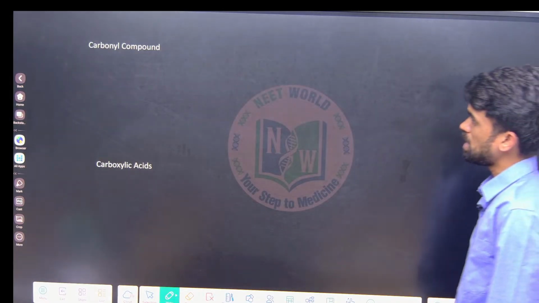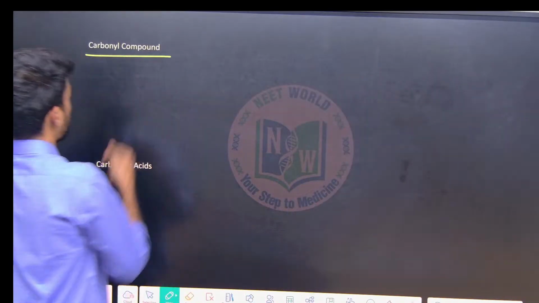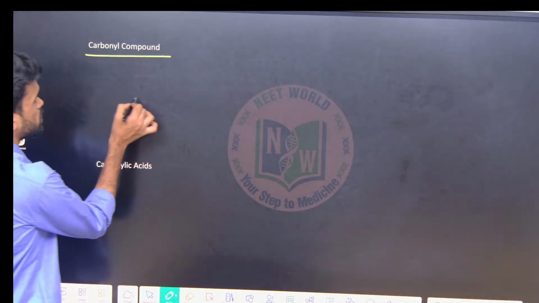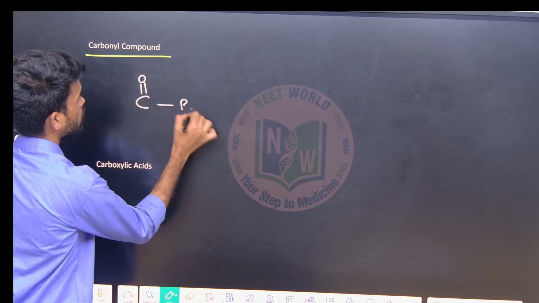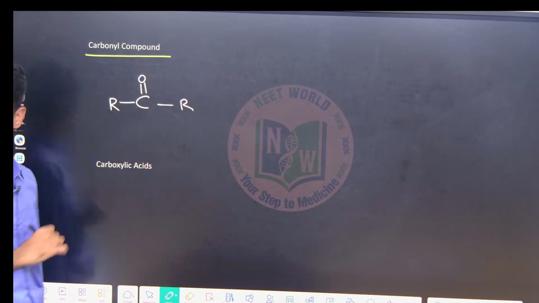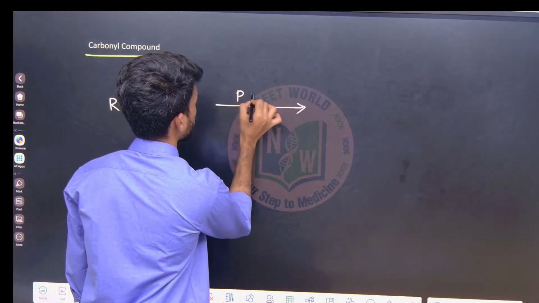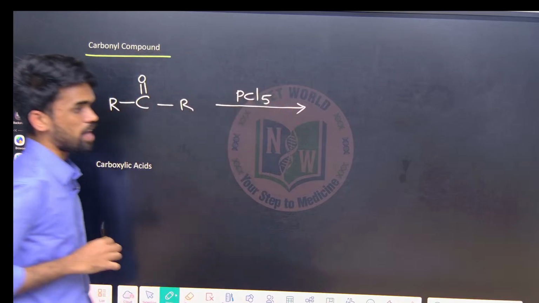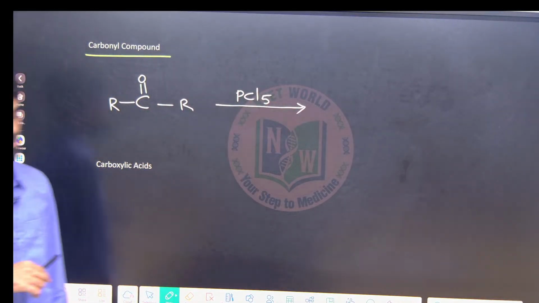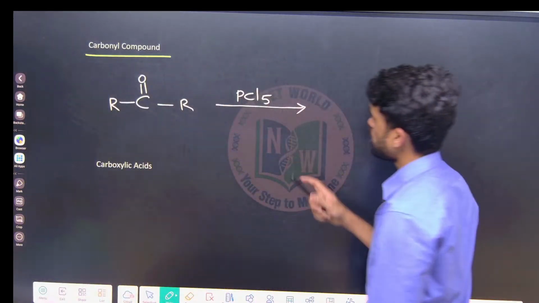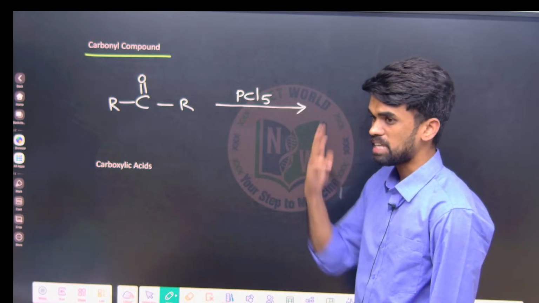Next, the preparation of haloalkanes from carbonyl compounds. For carbonyl compounds, first you need to take C double bond O with R groups like this. Just treat this with PCl5. What happens, tell me? In PCl5 there are two weaker chlorine bonds, the axial bonds are weaker.